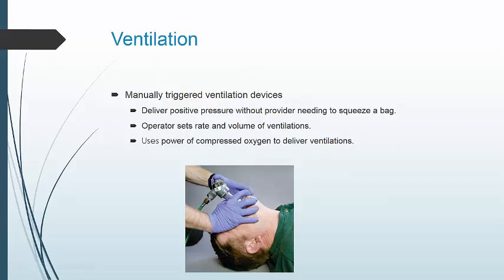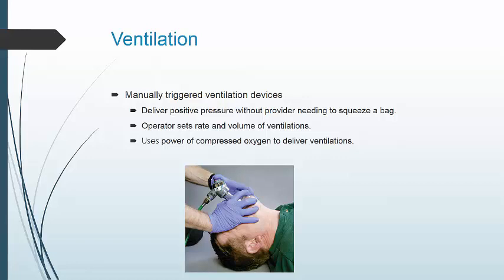Now with your manually triggered ventilation devices or a flow restricted oxygen powered ventilation device, this is using compressed air to deliver your ventilations. They can deliver between 90 and 100% oxygen up to 40 liters per minute. It's not always needed to use such high or such powerful concentrations. Okay, they should have a pressure relief valve that opens at approximately 60 centimeters of water.